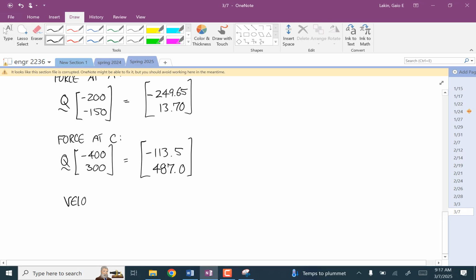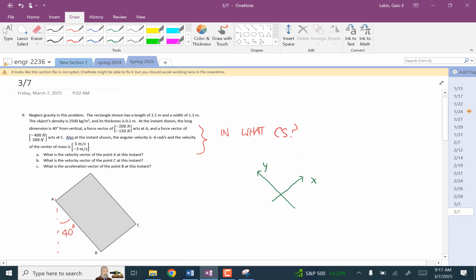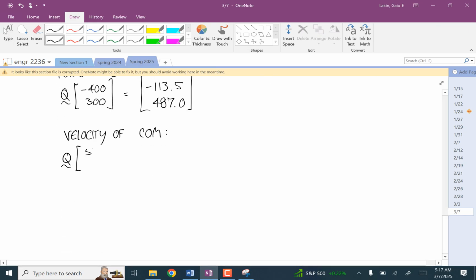So the velocity of the center of mass is Q times 5, negative 3, and that's negative 1.901 and negative 5.513 meters per second.